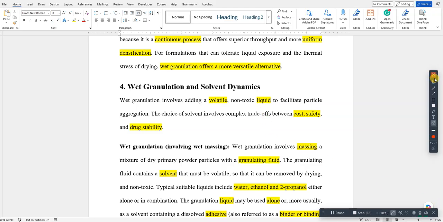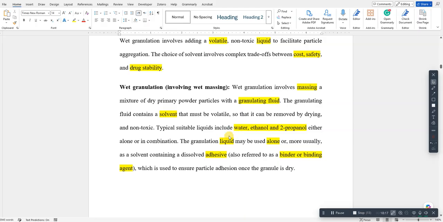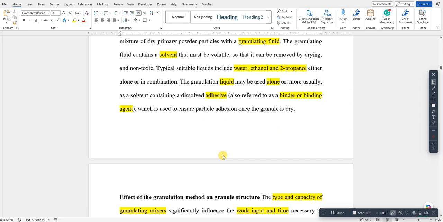So, do I necessarily need, with the solvent, an adhesive or binder? No, not always. Sometimes with the liquid added to the formulation, some of the ingredients will dissolve in the liquid and will cause the adhesion at the end.